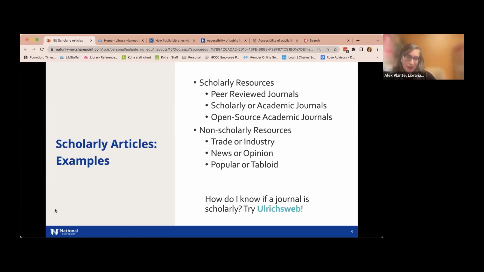So the last thing I want to say about open source academic journals as it pertains to this discussion is sometimes they're not as academically focused, peer reviewed focused as other ones. So it's worth doing a little bit of research to see what the process is.